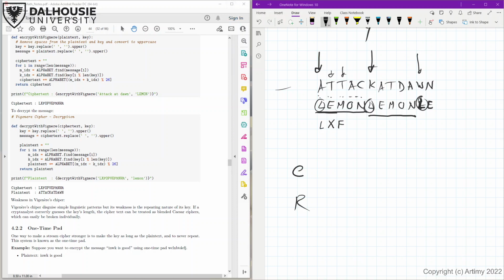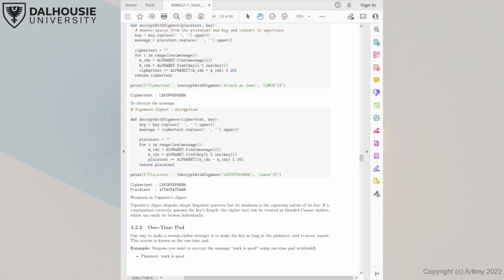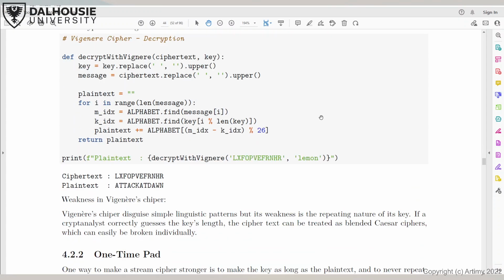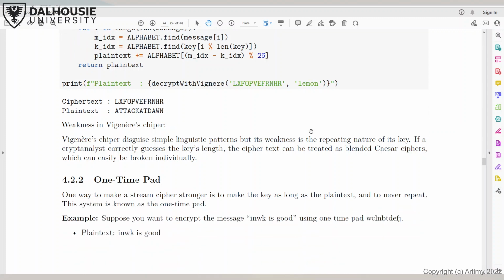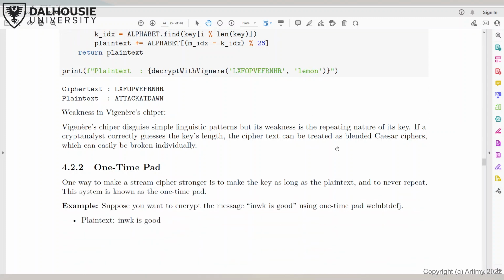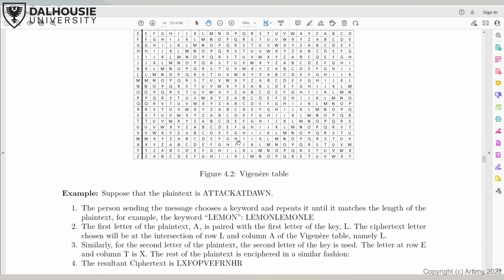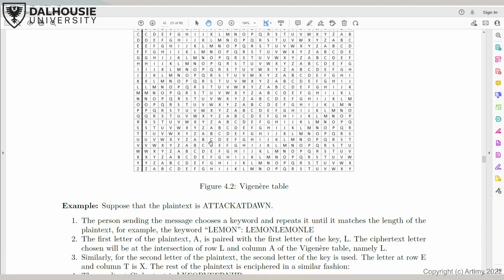All right, if we go back to the notes here, one probably intuitive way to make things a little bit harder is to make the key match the size of the message itself.